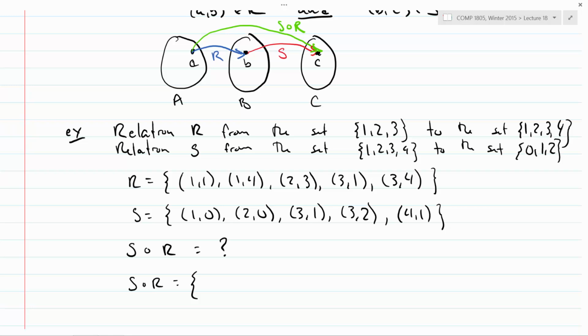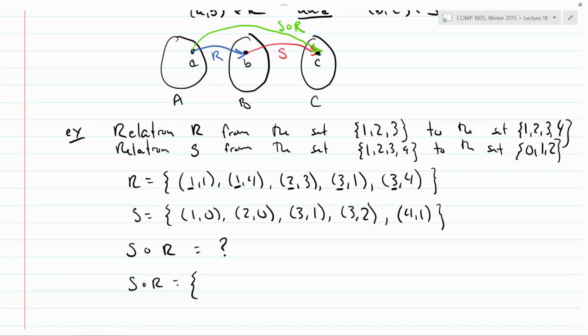So I start there, and if you think about what that is, the set 1, 2, 3 appears as the first thing in R. That's where my set 1, 2, 3 goes. So I like to start there and see where I can get. That's what I like to do.